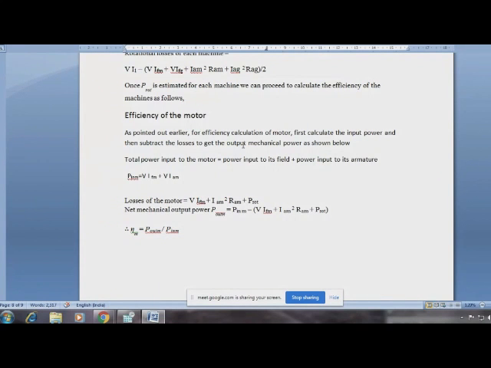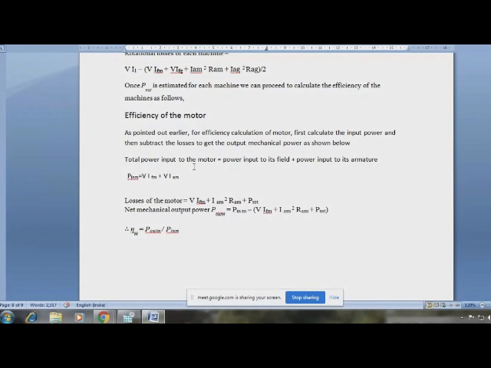So the calculation scheme is, for the motor, we know the input power. Then you subtract all the losses, that should give the output power. And once you know input power and output power, efficiency can be found by dividing output by input. So this is how it is done.